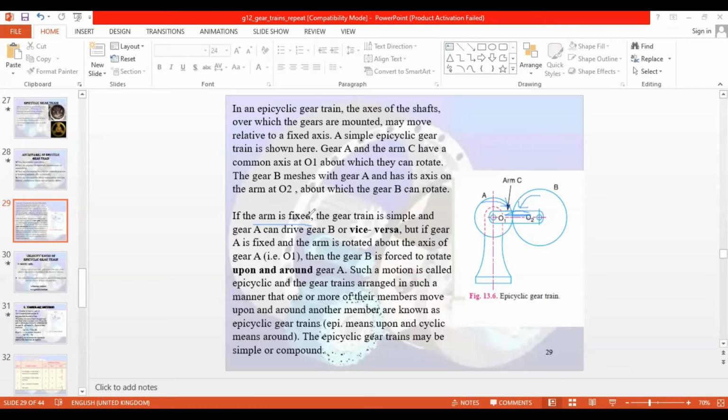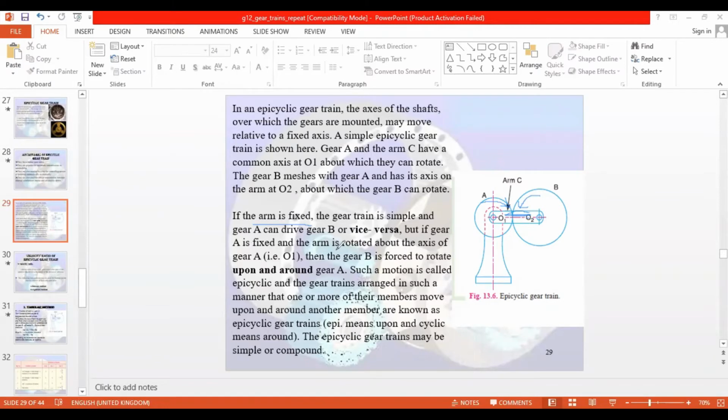So if the arm is fixed, the gear train is simple. This will change to a simple gear train. Why? Only one gear on one axis. Either A can be the driver and B the driven, or vice versa.